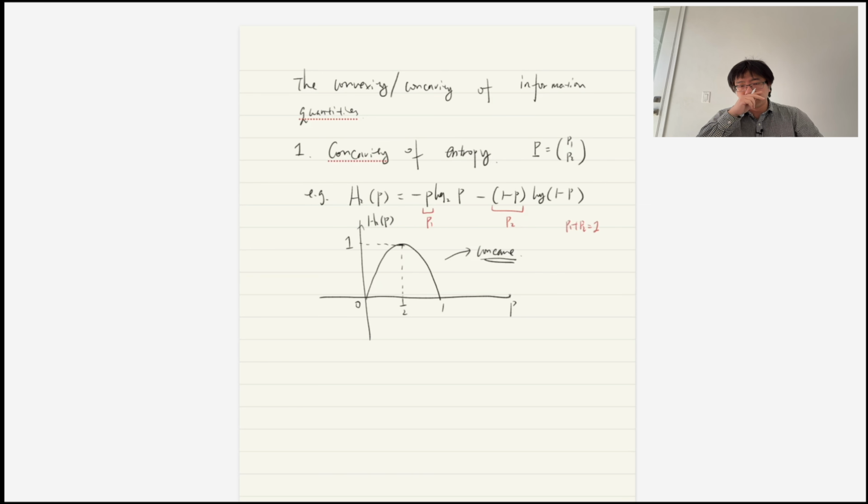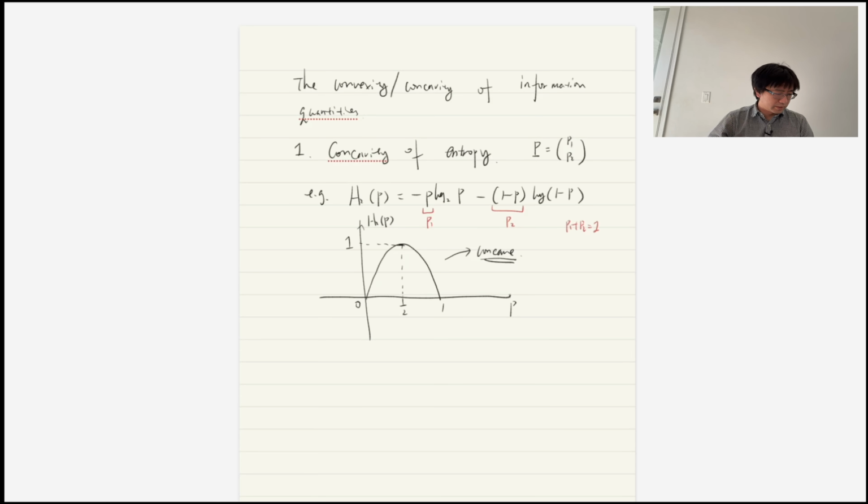So it means that entropy is concave in the vector P. We're going to prove that. What we have seen before for convexity or concavity is only for a scalar, not for a vector. So now we need to extend the definition of a convex function from scalar to vector.